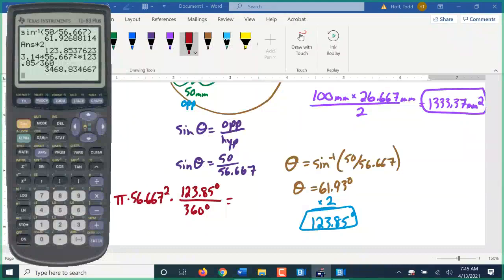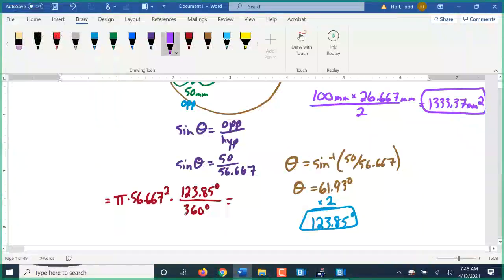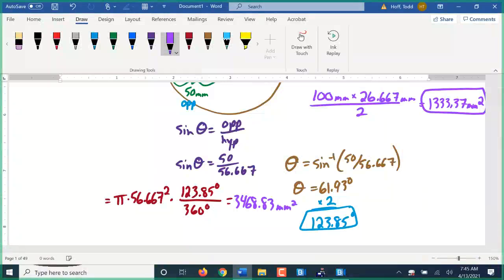Giving us 3468.83. So now I have to just subtract those two.